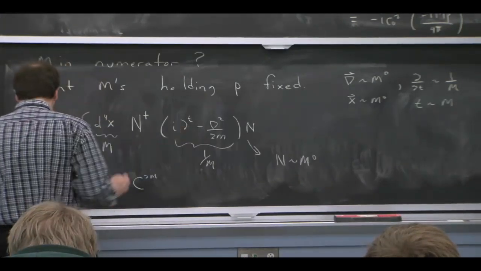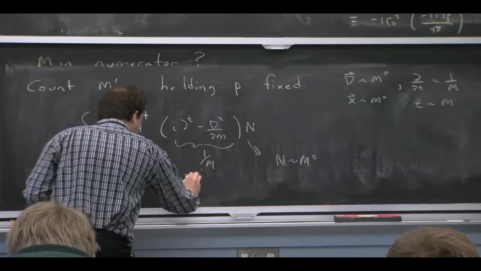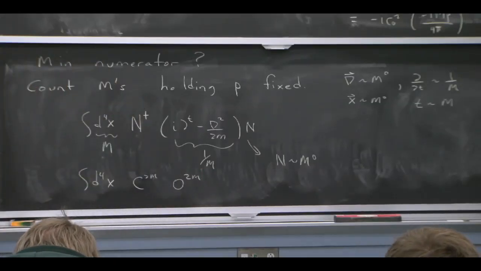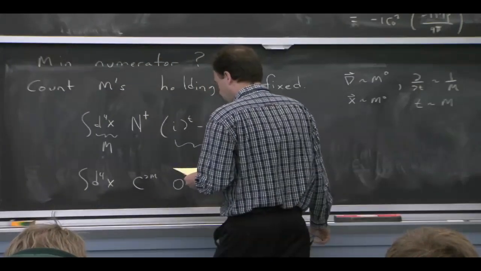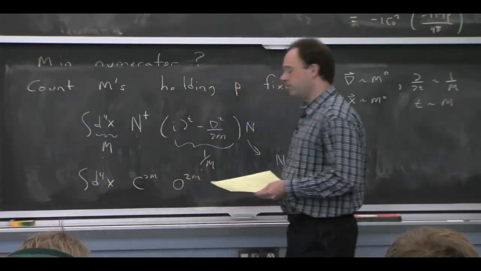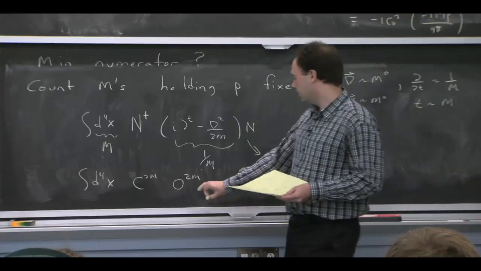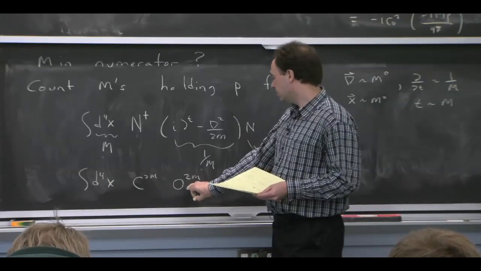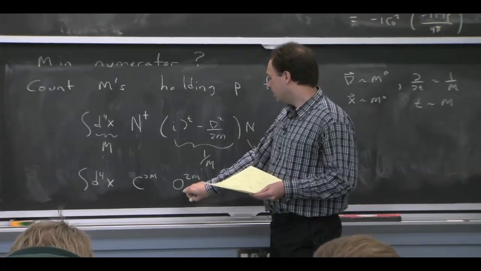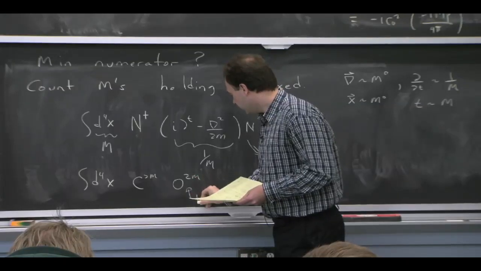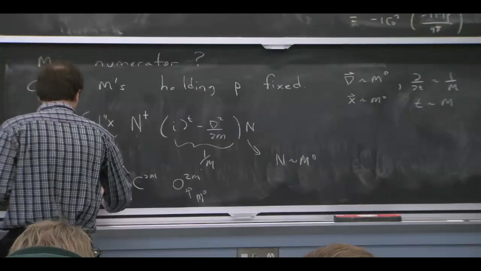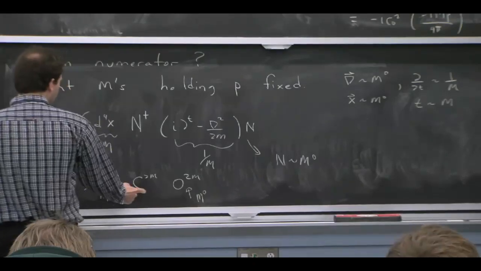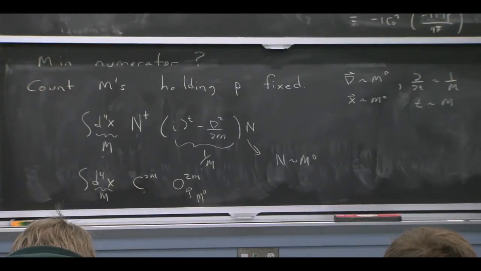And once you fix that counting, you've got all the counting you need, and now you can go count other operators, like the one with 2m derivatives. And this guy here just has vector derivatives, no time derivatives, 2m of them, and nucleon fields. So there's no m's in there. That's m to the 0. And this guy here is an m. So this guy here, C2m, must be a 1 over m.